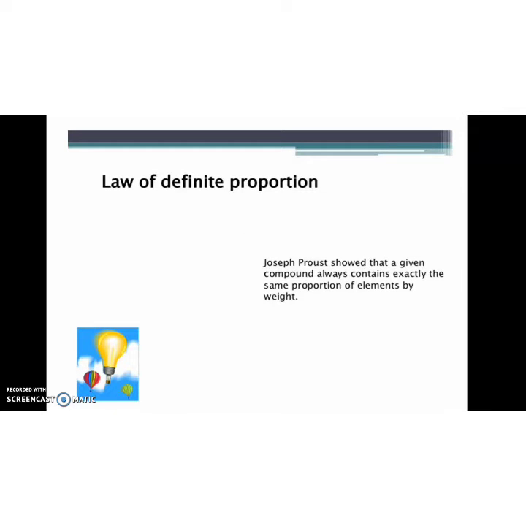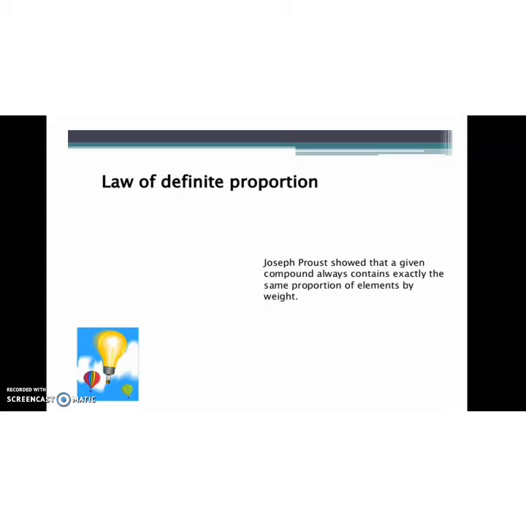Coming to the next law, the law of definite proportion. This law was proposed by Joseph Proust. He states that a given compound always contains exactly the same proportion of elements by weight. For example, in a water molecule, there are 2 hydrogen atoms and 1 oxygen atom, and it is always in a fixed proportion by weight.